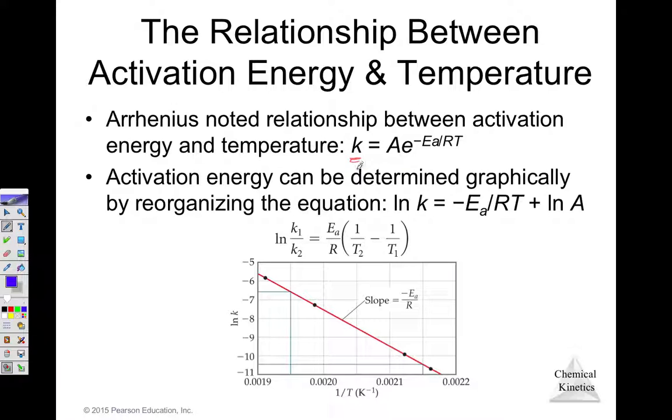So this is your rate constant, just like in rate equals k. That's k, the rate constant. A is a constant, the Arrhenius constant. What's e? That e from the natural log, your math e, 2.7 something. And then what's Ea? Activation energy. What's R? The universal gas constant. And then what's T? Temperature. And temperature has to be in Kelvin.